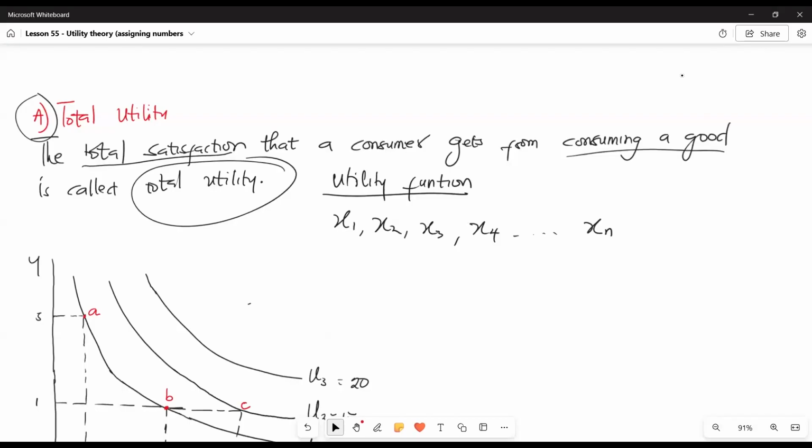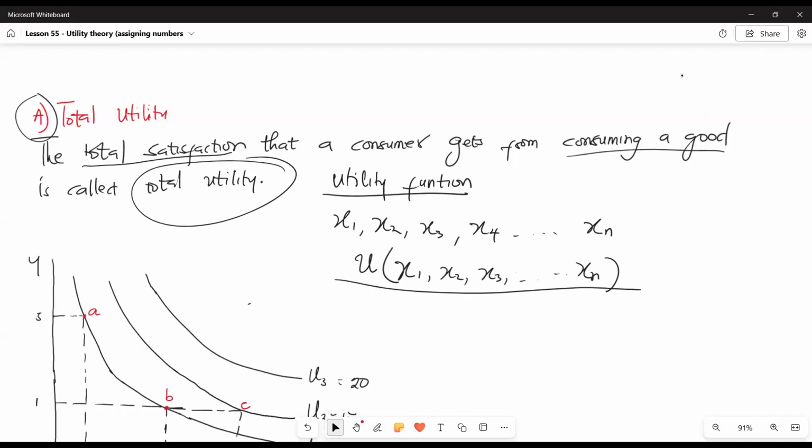This can be represented by a utility function U, which is a function of X1, X2, X3 all the way to Xn.